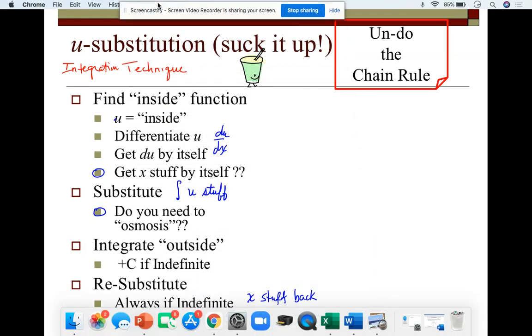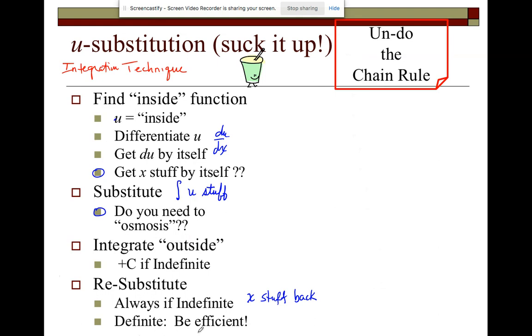However, remember with a definite integral, I'm not going to get any x or u stuff. I'm going to get a number. So when I'm doing a definite integral, I have a choice about substituting. That, again, doesn't make any sense to you right now. That's okay. I will tell you what I mean as we do examples. But I wanted you to kind of get the algorithm down. So while we're doing examples, you can refer to each one of these steps.